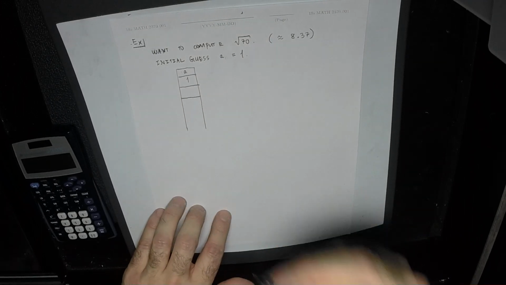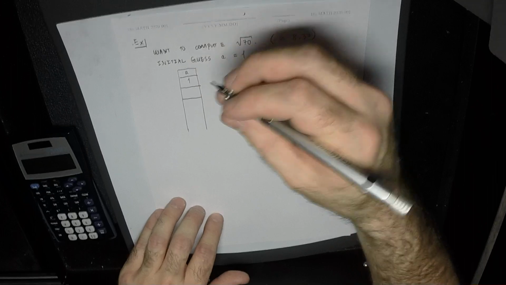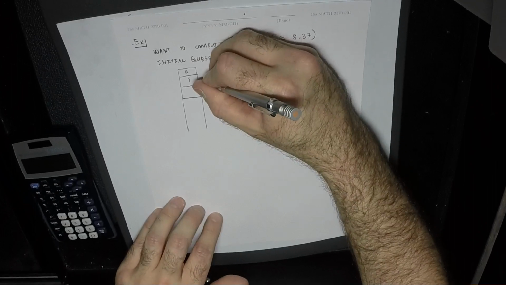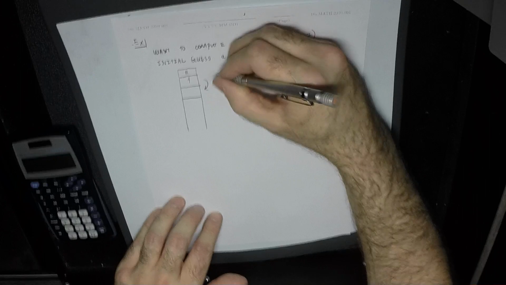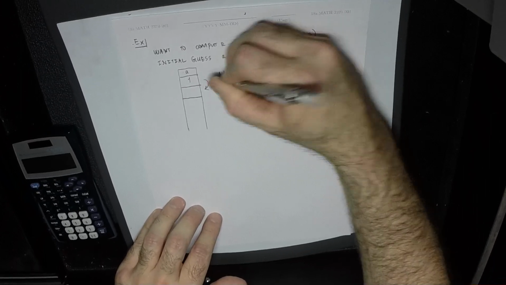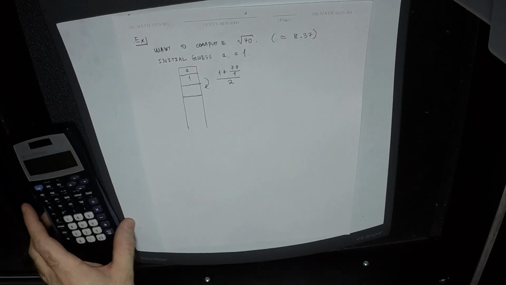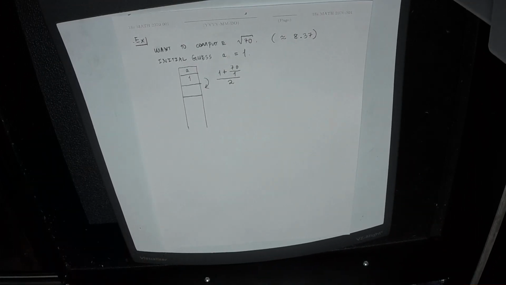So what do we need to compute? Right. So what we need to calculate to get to this position is 1 plus 70 over 1 and then over 2. So that will be the guess.